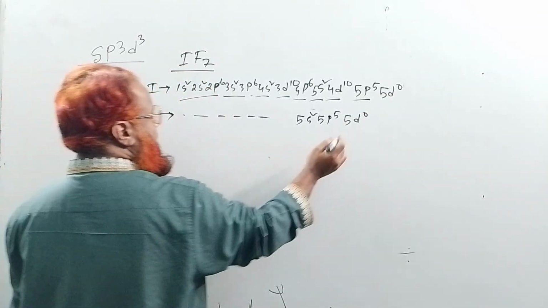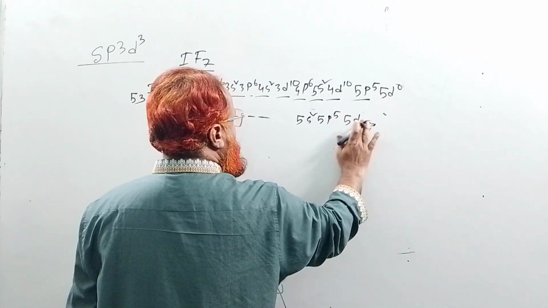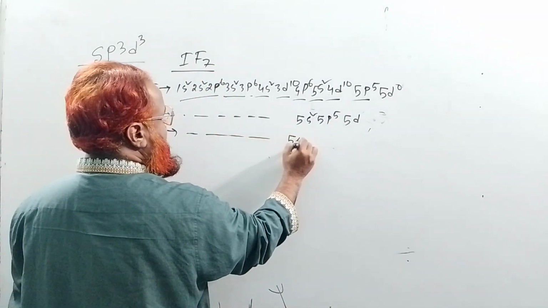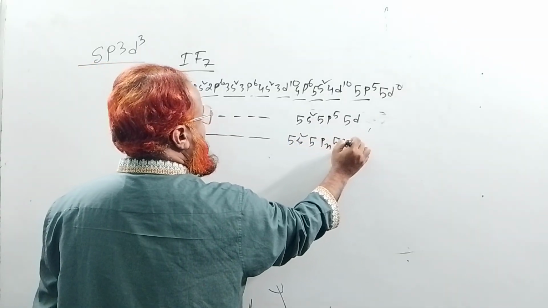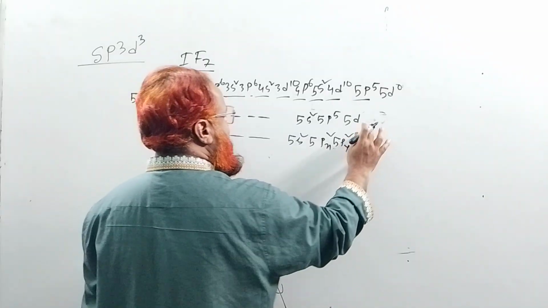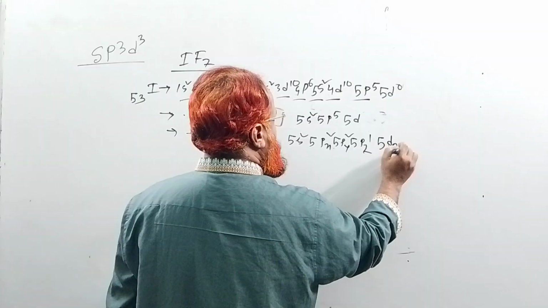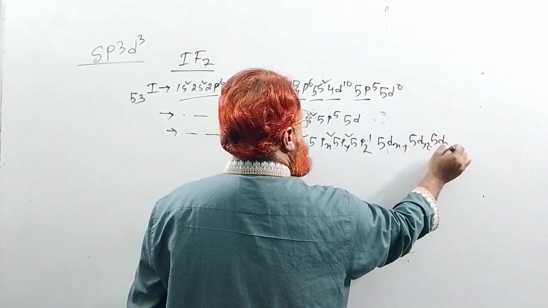Now, you know here 5d xy in the excited condition. 5s2, 5px, 5py, 5pz, 2 to 1. Now, xy, yz and zx.